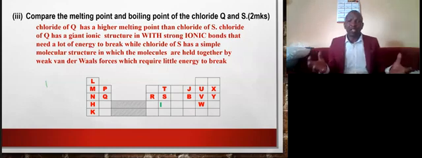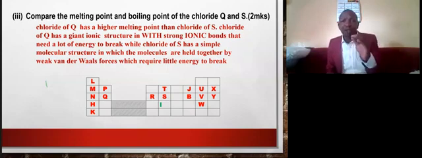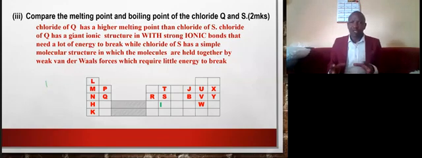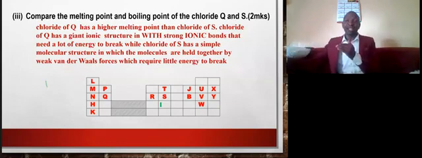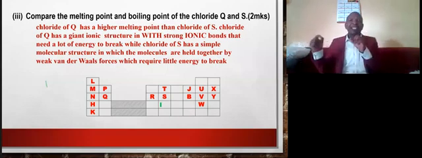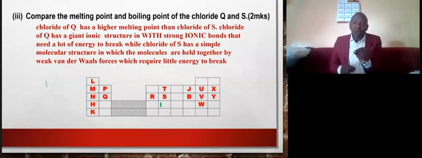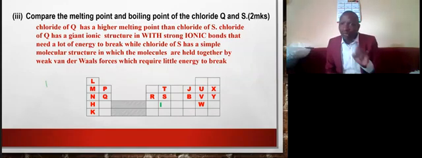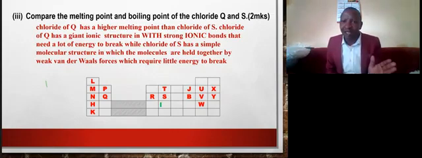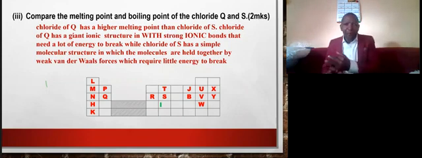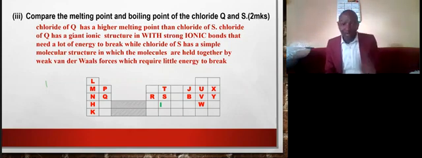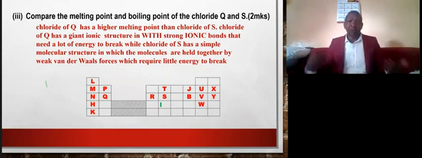So to carry out an exorcism of that confusion, this is the most common mistake many students make: when you are given silicon 4 oxide and silicon 4 chloride, silicon oxide is a giant atomic structure, but silicon chloride is a simple molecular structure. Don't confuse the two. Remember silicon oxide is giant atomic, but silicon chloride is simple molecular.